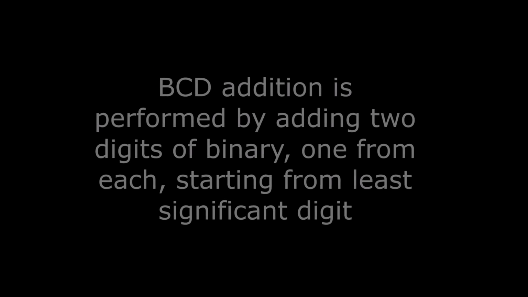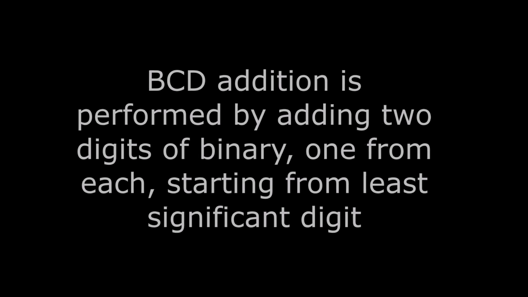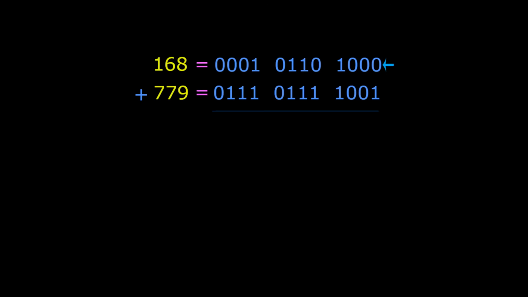Now BCD addition is performed by adding two digits of binary, one from each, starting from the least significant digit. We will consider each nibble set as a group. So let's start summing with the rightmost group in binary.